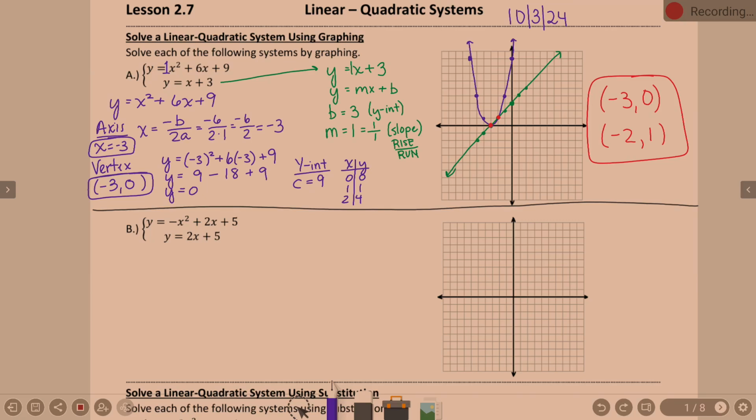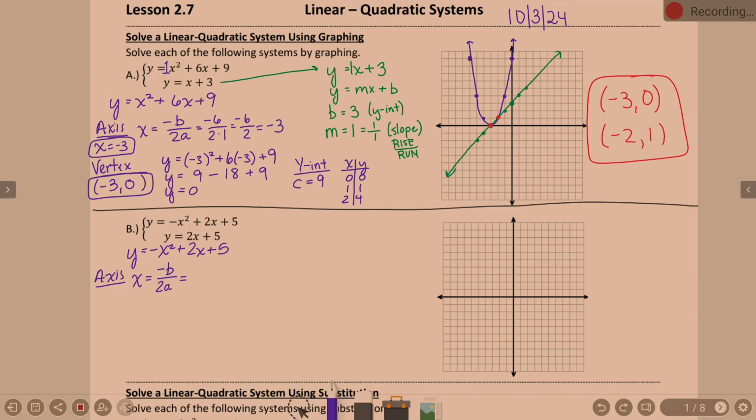y equals -x squared plus 2x plus 5, and y equals 2x plus 5. Okay, I'm going to start with this parabola, y equals -x squared plus 2x plus 5. We need to work to find that vertex, which means we need to start by finding our axis of symmetry. x equals, what's that formula? -b over 2a.